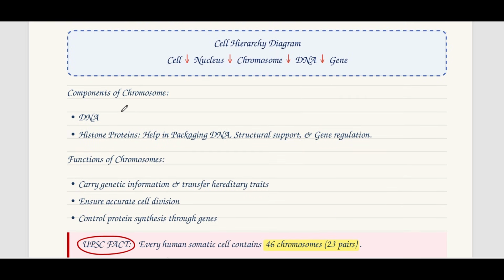What are the components of chromosomes? We have two components here: one is DNA and the other is histone protein. The histone protein helps in packaging the DNA in the chromosome, provides structural support, and also helps in gene regulation.